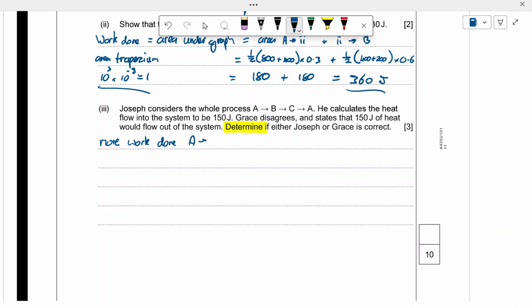More work done A to B, B to C. So net work done by system. Therefore, net heat must flow into system.